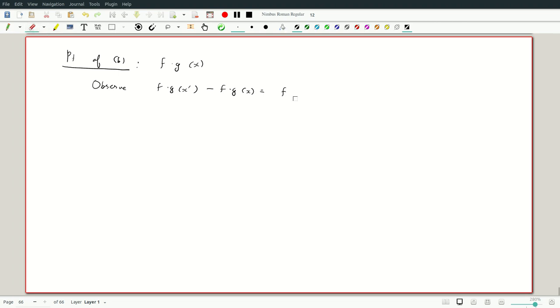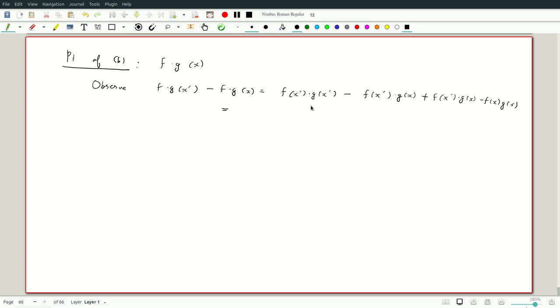So better to write this out explicitly as f of x prime times g of x prime, and then I subtract and add a hybrid term, one which has f of x prime again, times g of x, plus f of x prime times g of x, minus f of x times g of x.